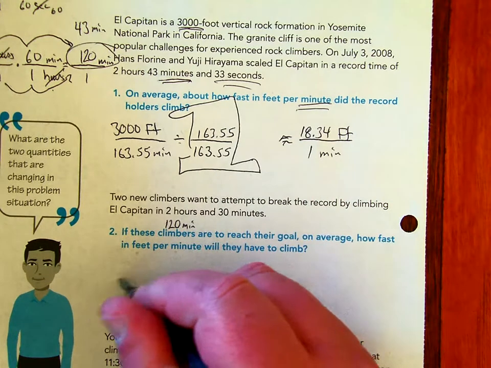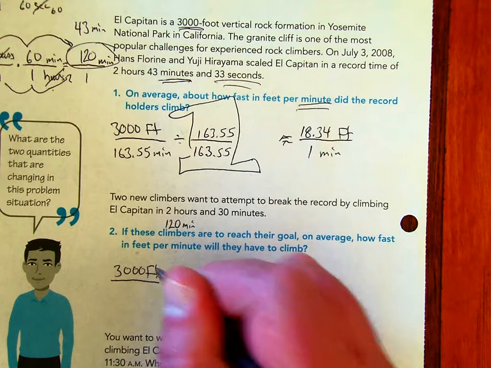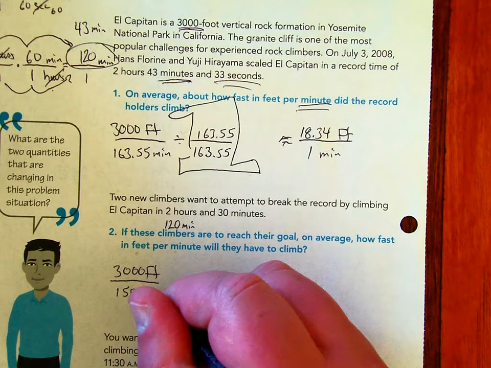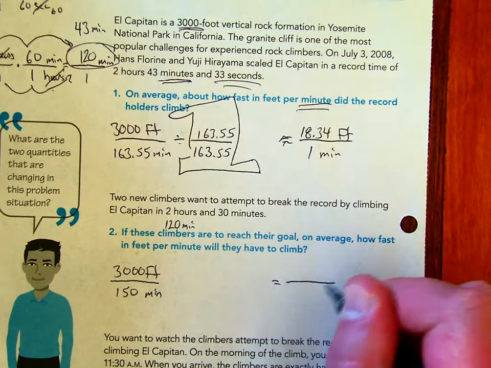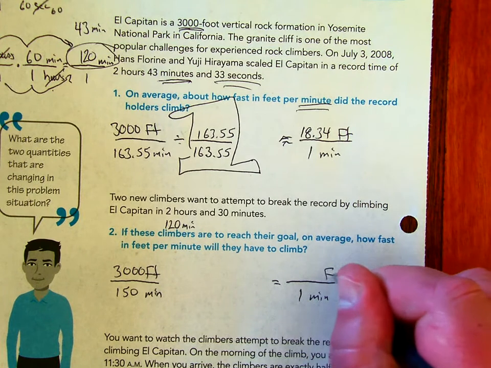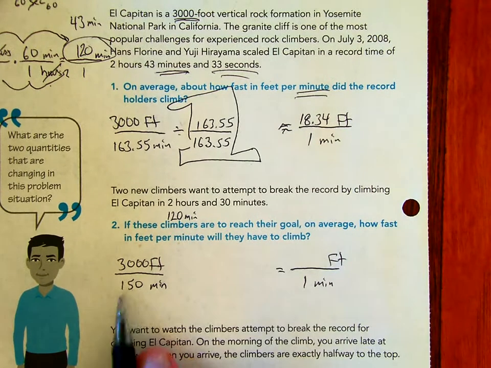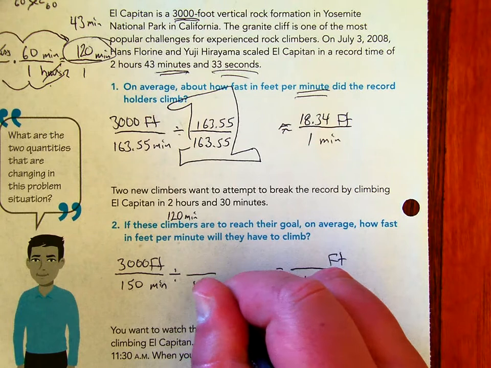So these climbers are trying to go up the 3,000-foot face in 120 plus 30, 150 minutes. Let's turn that into a unit rate. Let's find out how many feet per 1 minute. Well, I need to turn 150 into 1. So if I divide 150 by 150, I get 1.